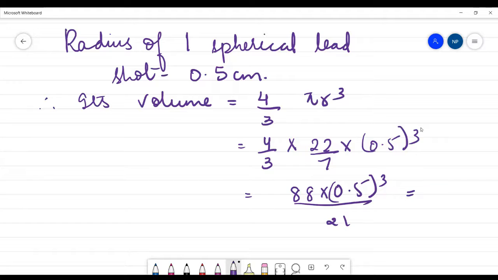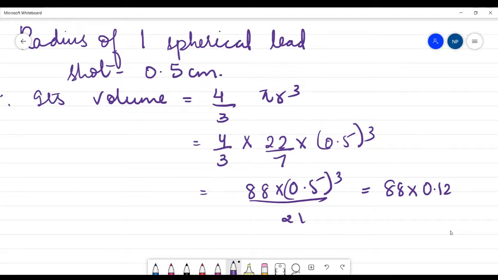On calculation, we will get the answer as 88 into 0.125 upon 21. On multiplying by 8, we get the answer 11 upon 21.